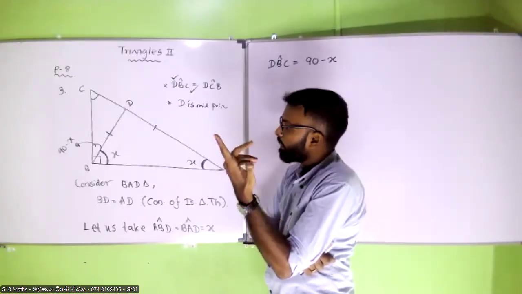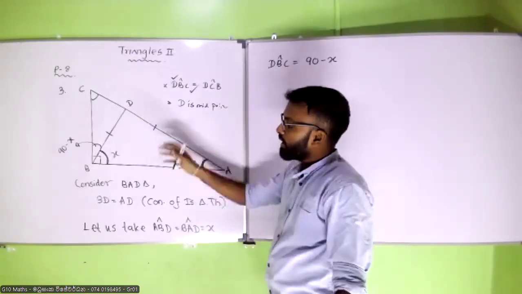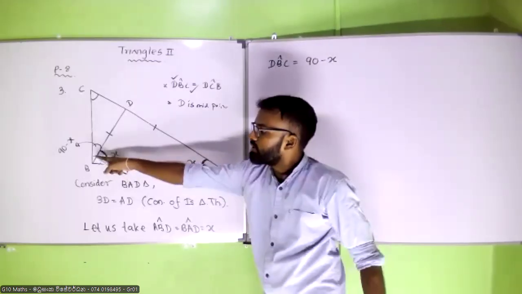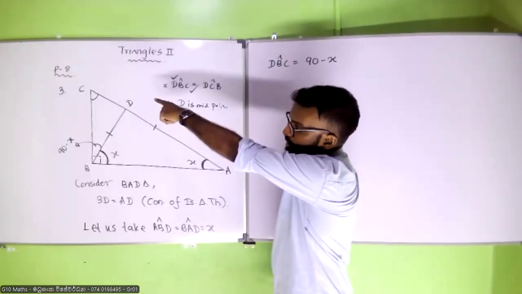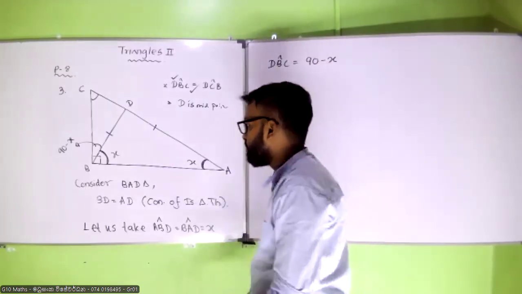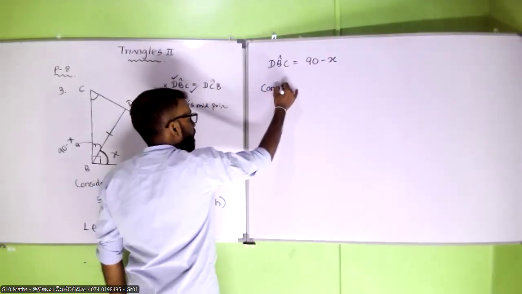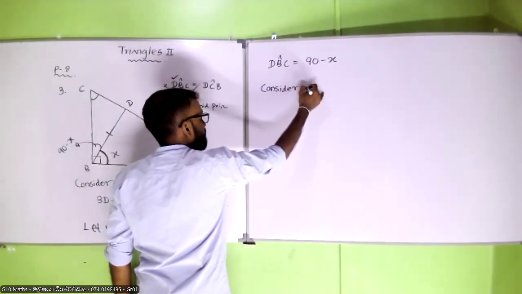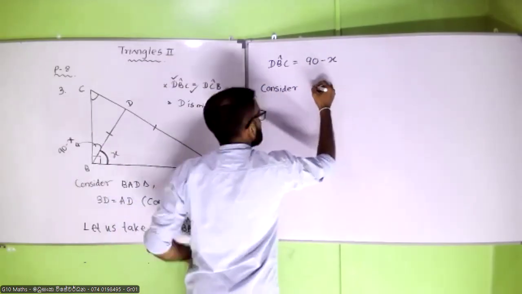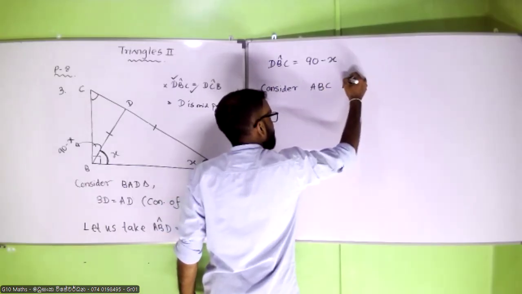Now think, you do not have this BD. This angle is X. This one is 90. What is the angle C? 90 minus X. So I can write, consider this big right angle triangle, ABC. Same thing that we have used earlier.